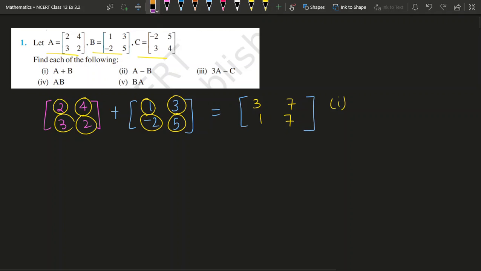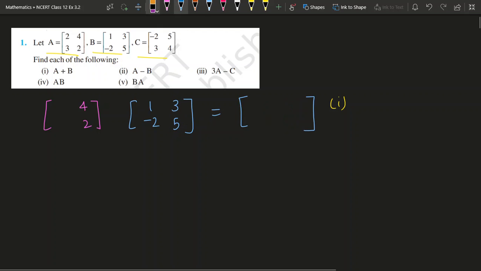If instead you want to do A minus B, in that case you will do an element-wise subtraction. So let me write out the matrix real quick, and you're subtracting. Let me write the answer to the second part here.